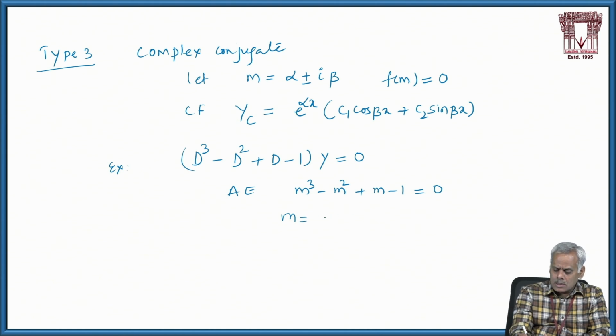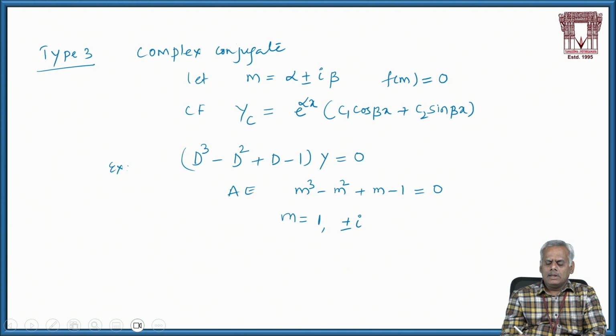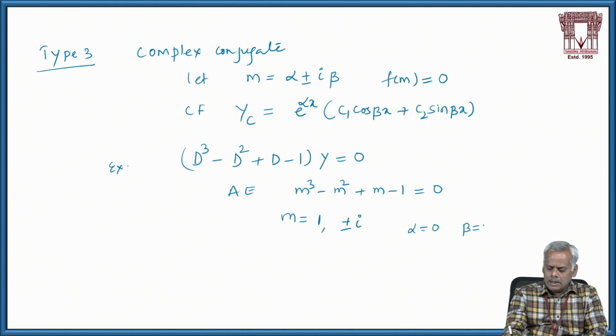So these three roots are m is equal to 1 and plus or minus i. One is a real root and the other two are complex conjugate, with real part alpha equal to 0 and imaginary part beta equal to 1.